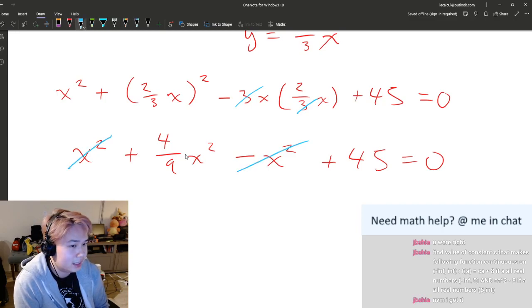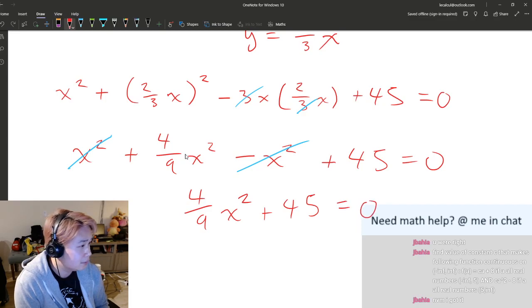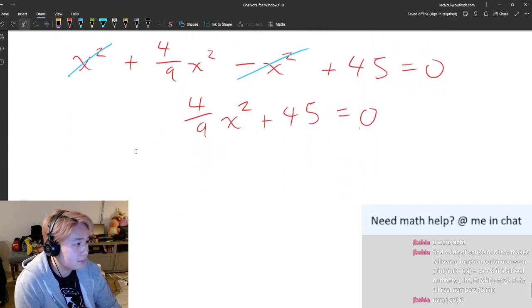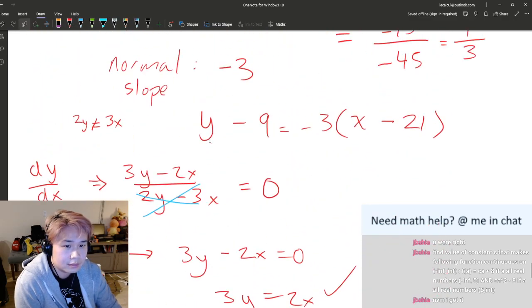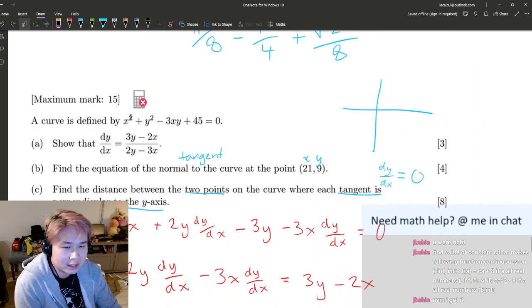These x's cancel each other out. So you're left with 4 over 9x plus 45 x squared equals 0. And then this is pretty easy to solve for x. And then I'm just checking if I copied everything down correctly.